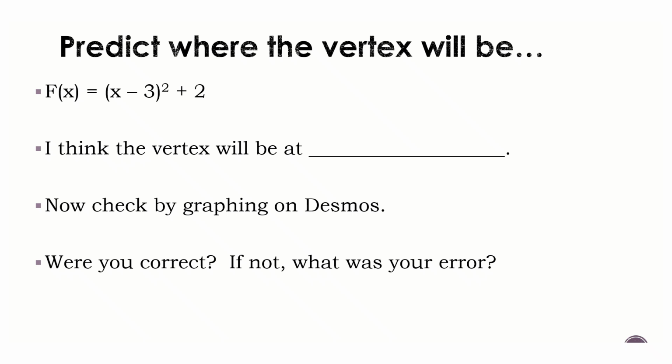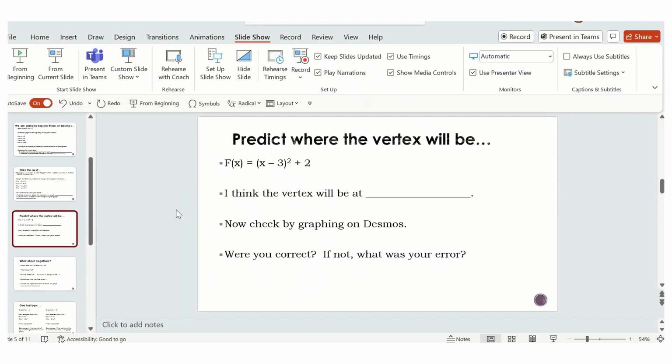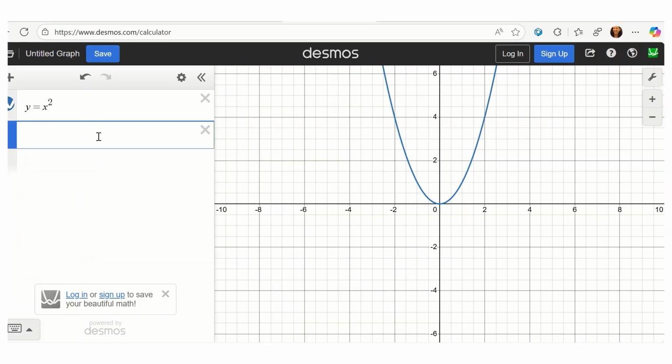And now let's go over and check. So this would be y equals (x minus 3) all squared, not cubed, plus 2. We can look and see where the vertex is, and the vertex is at the point (3, 2). So there it is.